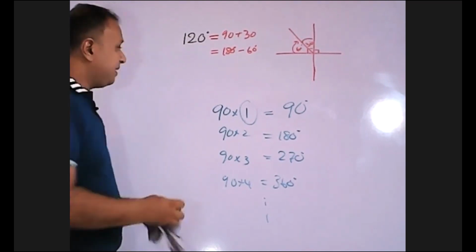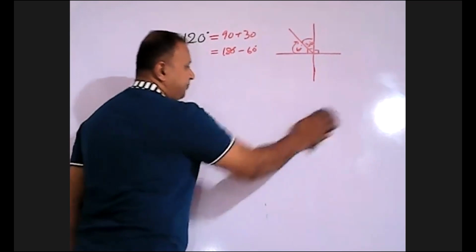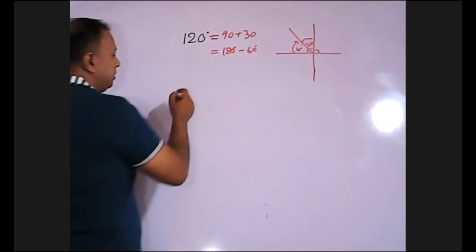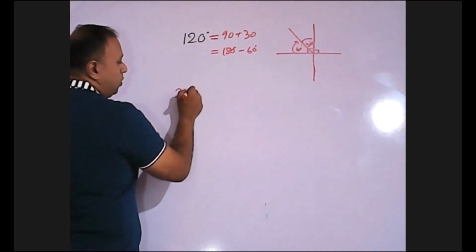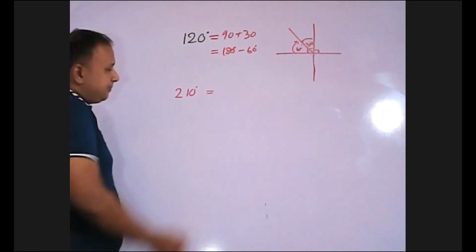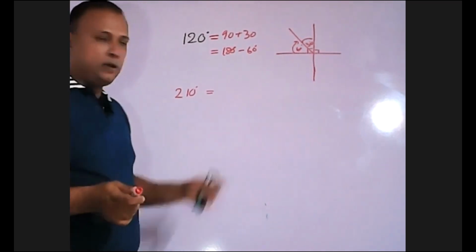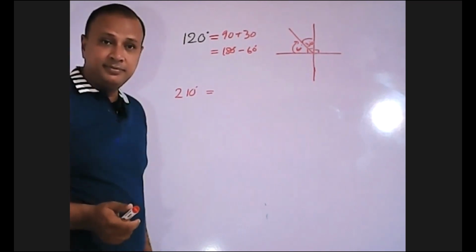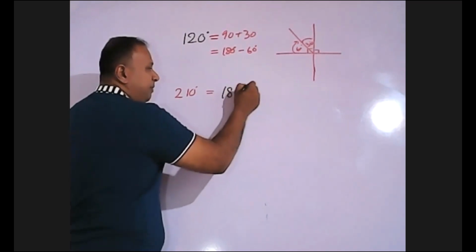Any angle can be written in two ways. Suppose you need to represent 210. Tell me how to write that one. 180 plus 30. It is one method.